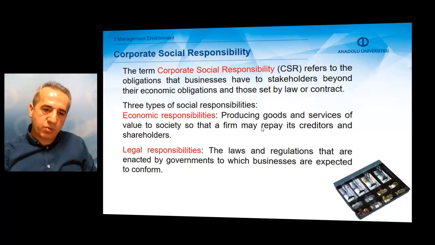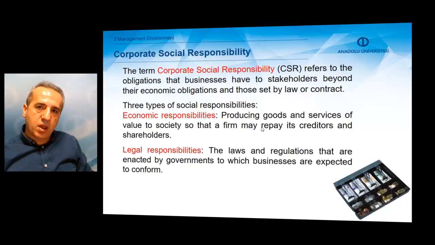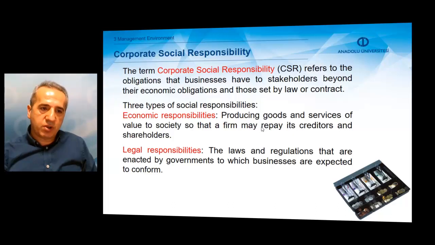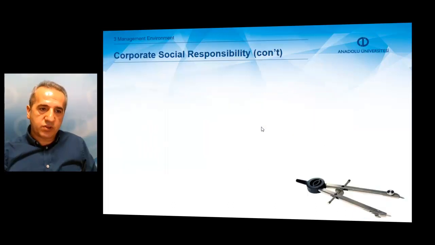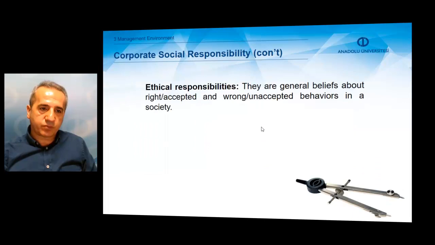Now we are moving from the mandatory responsibilities to voluntary responsibilities. The third one is ethical responsibilities. They are general beliefs about right, accepted, and wrong, unaccepted behaviors in a society.